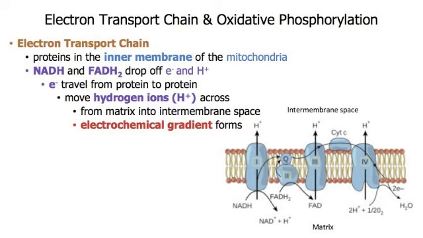NADH and FADH2 transfer electrons to an electron transport chain. The electron transport chain uses this energy supply to pump hydrogen ions across the inner mitochondrial membrane. Oxygen then pulls electrons down the transport chain. The hydrogen ions concentrated on one side of the membrane rush back downhill through the ATP synthase.